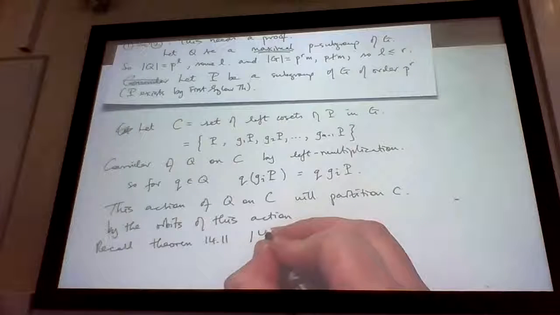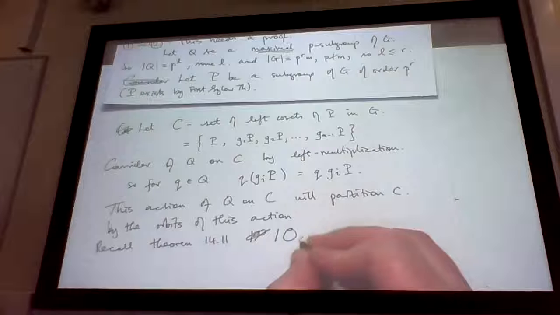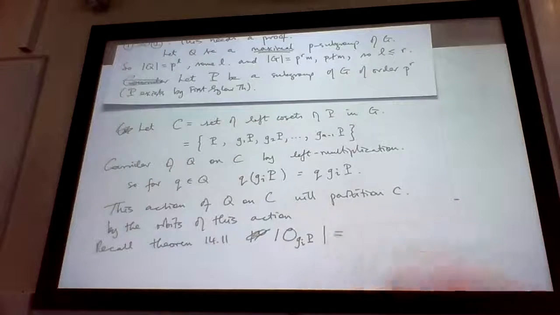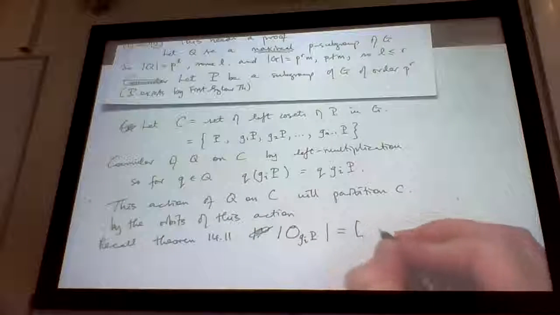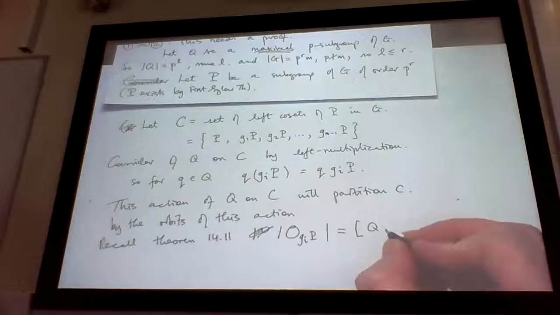Your average orbit, curly O of giP, the size of an orbit: how did we get the size of an orbit? What did we relate it to? The index of a stabilizer. So we're using the action by Q here, so it's the index in Q. Is it a colon or a comma they use? Colon.